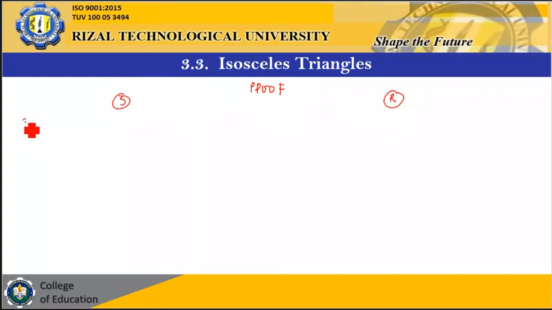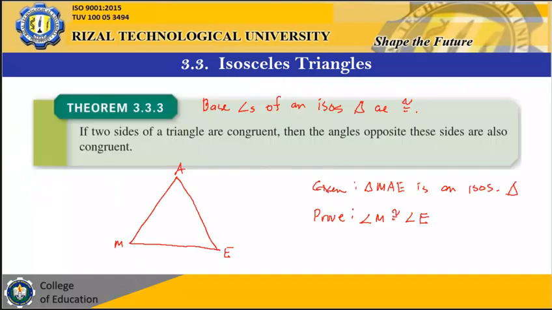So for number 1, we know that triangle MAE is an isosceles triangle, and because of our given. Okay, number 2, because triangle MAE is an isosceles triangle, we can say that MA is congruent to EA.